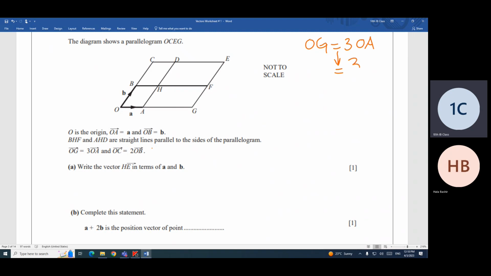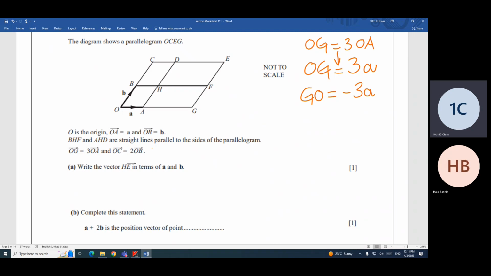So this one is equal to 3a. This is OG. What if I say GO? All you do is multiply it by -1, so it becomes minus 3a.